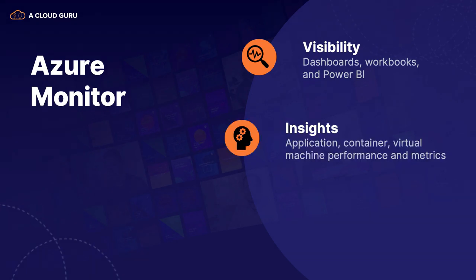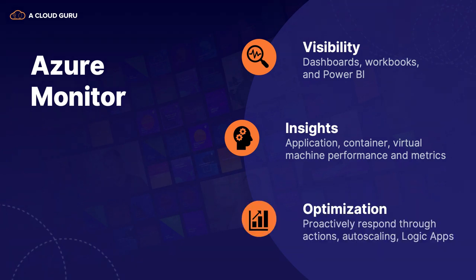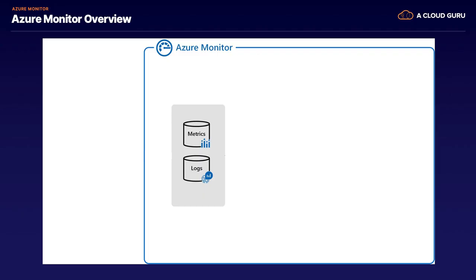Insights into your applications and other resources that they depend on, such as containers and virtual machines. And optimization by supporting operations at scale with smart alerts, autoscaling, and the use of logic apps for automated action and remediation.